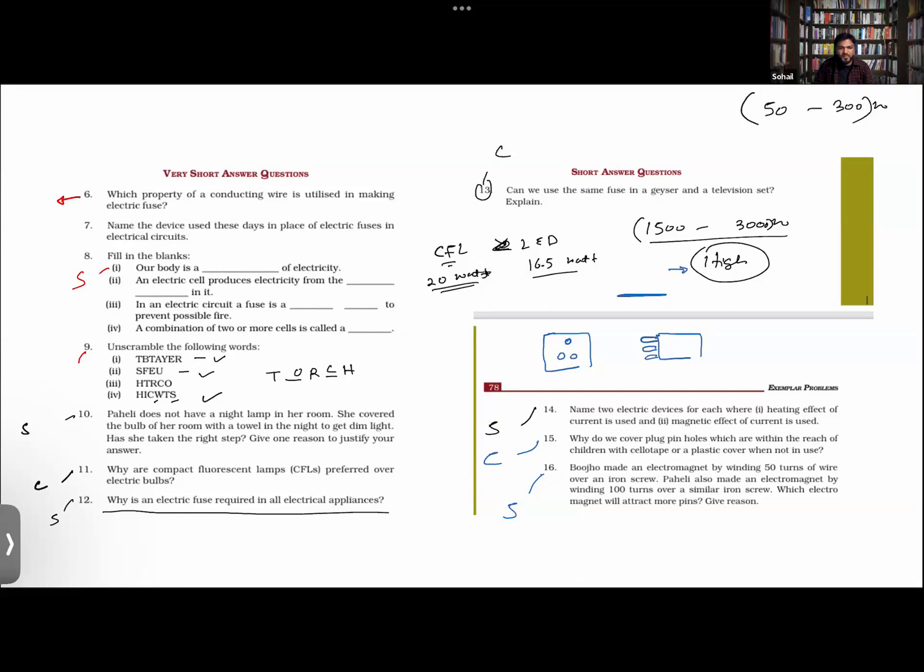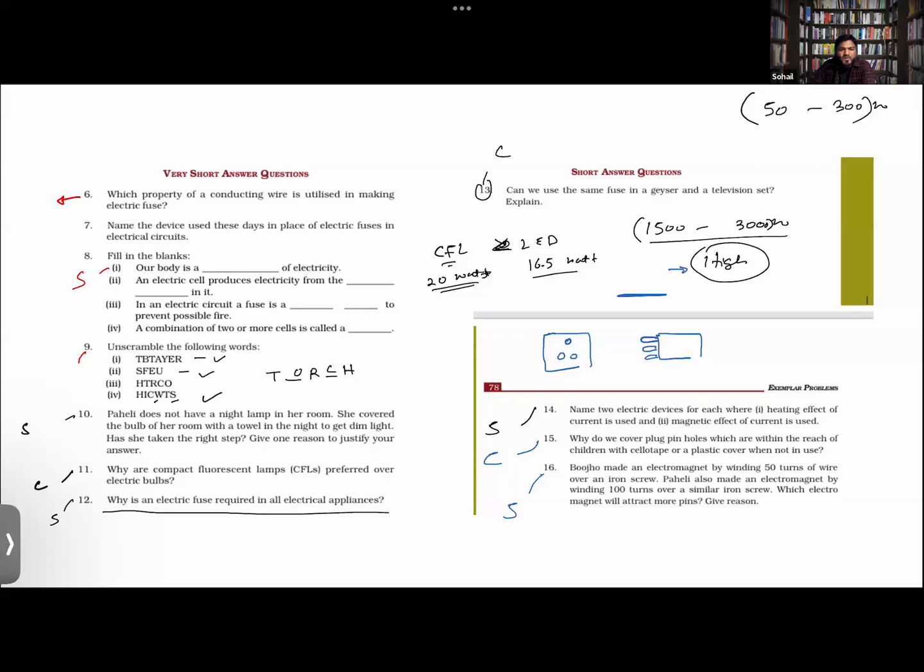So when we insert it on the other side, it won't go in, it won't set in the hole. But when we put it the other way and insert it, it goes in. It perfectly fits into the hole.